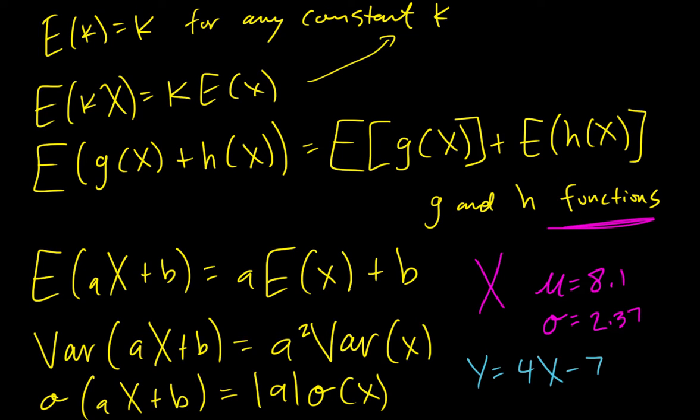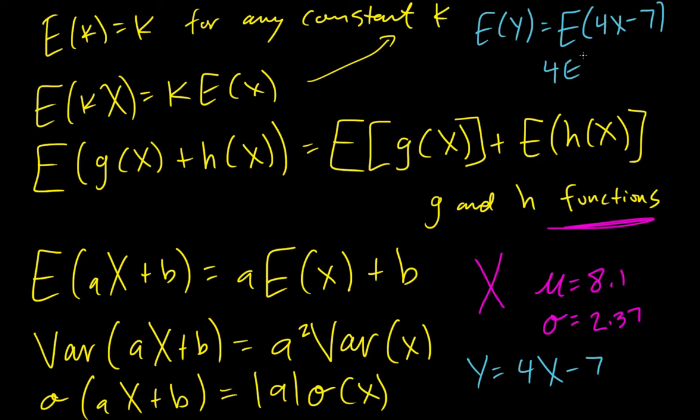Okay. So, if we just find E of y, which is the same thing as E of 4x minus 7, this will be our mean.